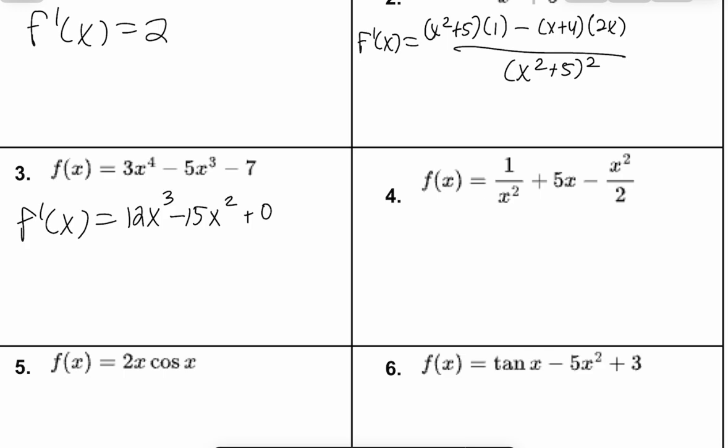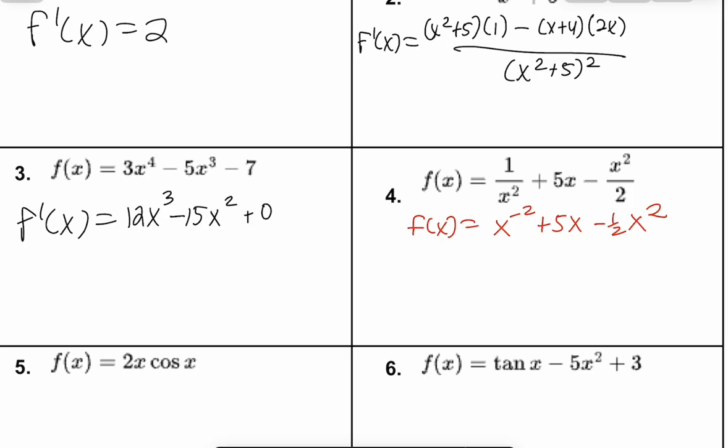Now, 4 we actually can make look like 3. It just takes one step before we do the actual thing. So my suggestion here is let's make our function x to the negative 2 plus 5x minus 1/2 x squared. So I would do a little rewrite for fractions that are rewritable.